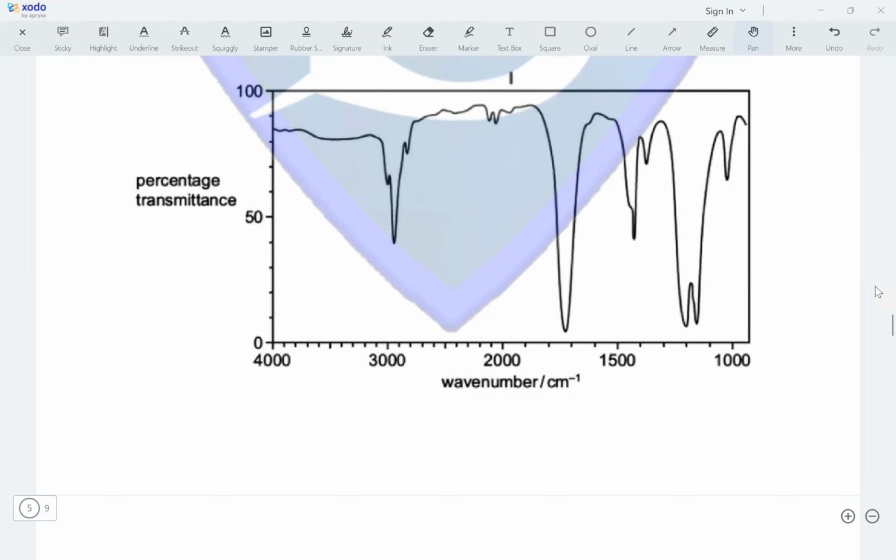In I, the only peak visible is the peak due to a C double bond O group and nothing else, which also gives us a doubt that this could also be a peak due to C double bond C, because both of these peaks lie in the same region as the peak shown in this spectrum.